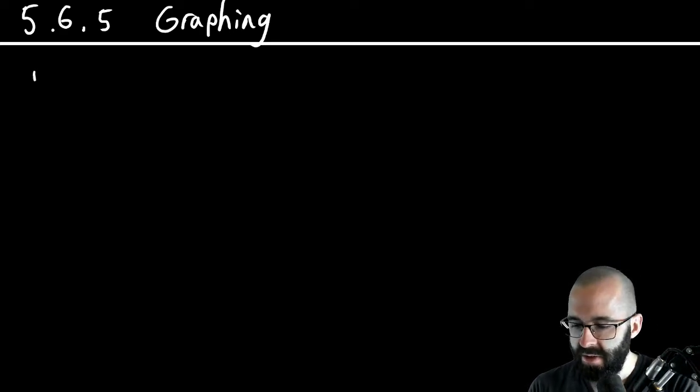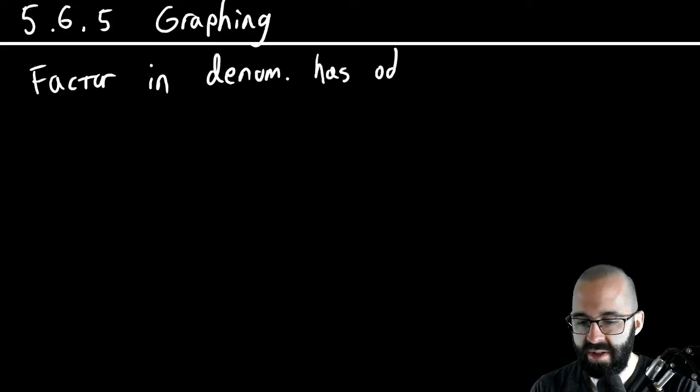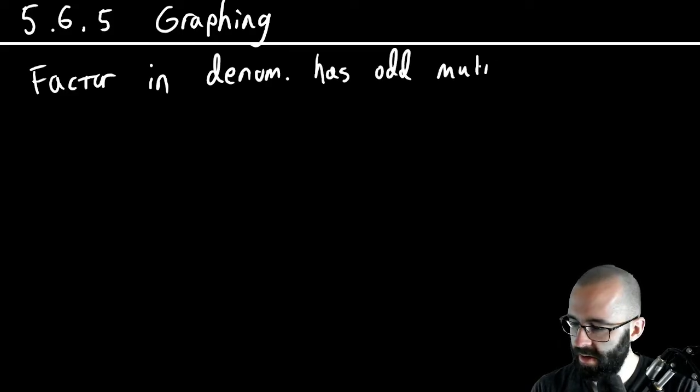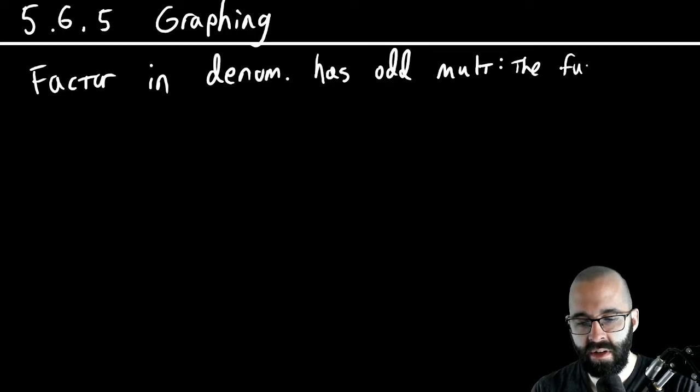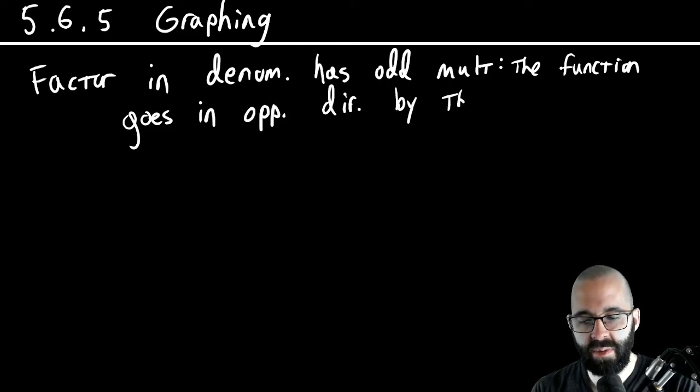So if the factor in the denominator has odd multiplicity, then the function goes in opposite directions by the vertical asymptote.